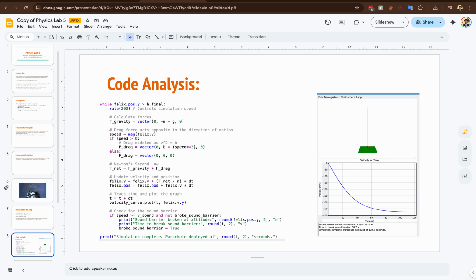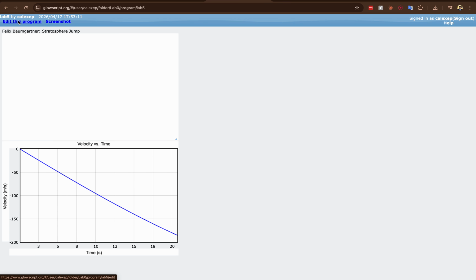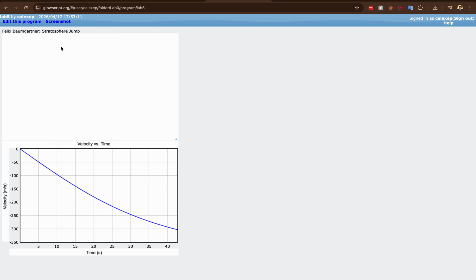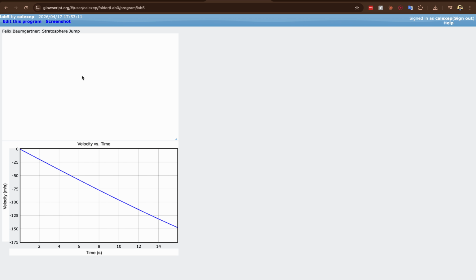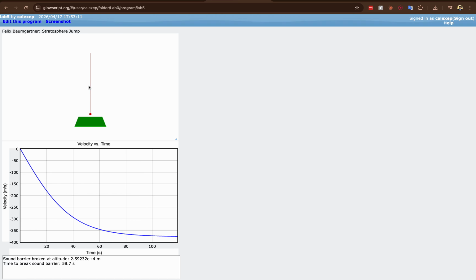Since we knew his maximum speed was 377 meters per second, I kept adjusting the constant b in my code until the simulated velocity graph had an asymptote exactly at 377, as you can see on the bottom right. And if you want to run the code, it shows the little simulation here if you zoom in.